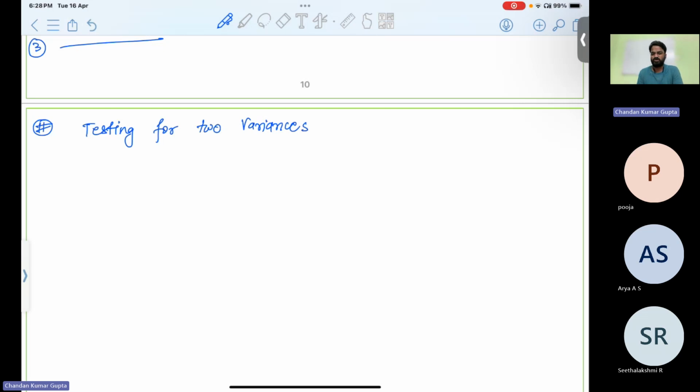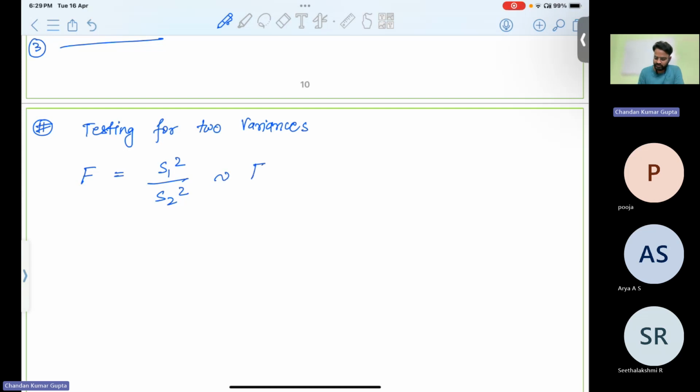When the mean is not known, the statistic is defined like this: F, which is S1 square upon S2 square, where S1 square is 1 upon N1 minus 1 times the summation of xi minus x bar whole square, and similarly S2 for y.